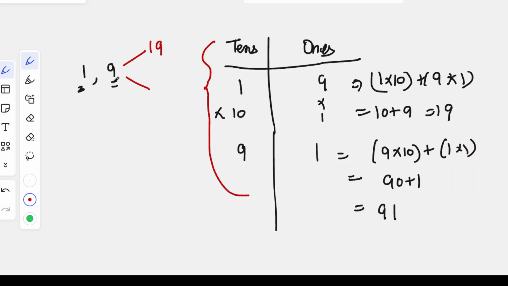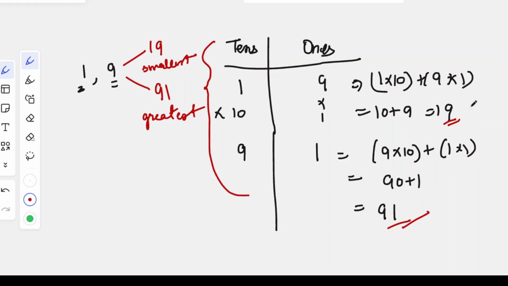And in the same way, for the greatest number, write the greatest digit first and the smallest after that. Okay, so 19 is the smallest two-digit number using 1 and 9, and 91 is the greatest two-digit number using digits 1 and 9.